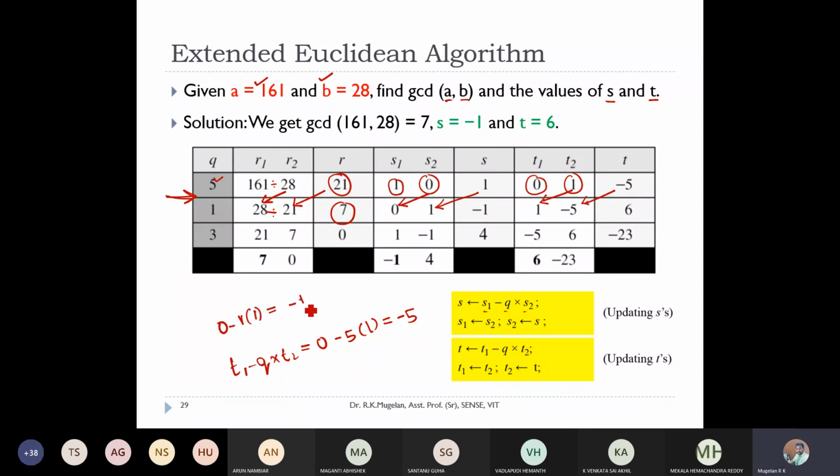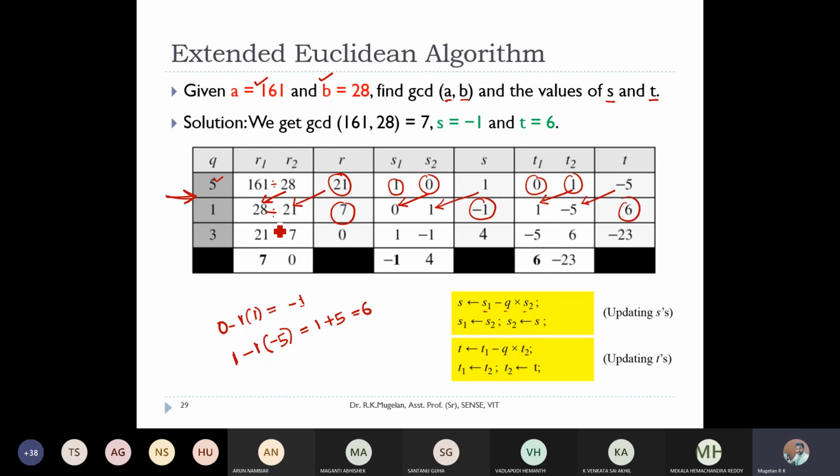So I'll be getting minus 1. In the part of T, you'll be going with T1, which is 1, minus Q times T2, where Q is 1 and T2 is minus 5. So I'll be getting 1 plus 5, which gives me the answer as 6.